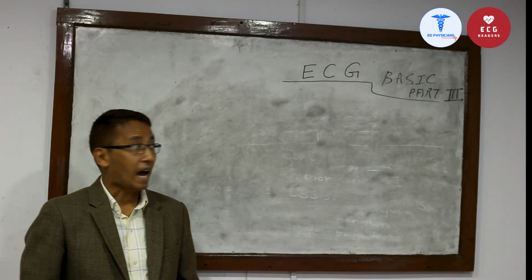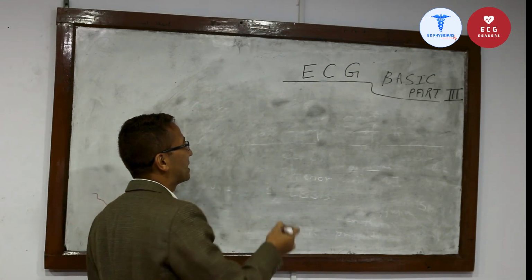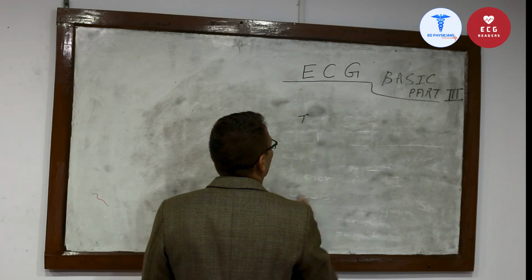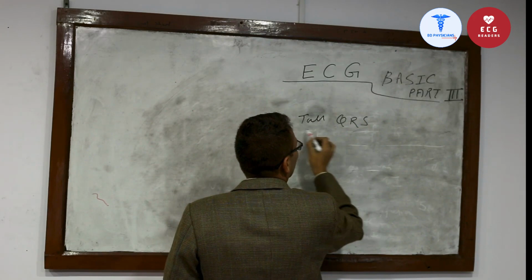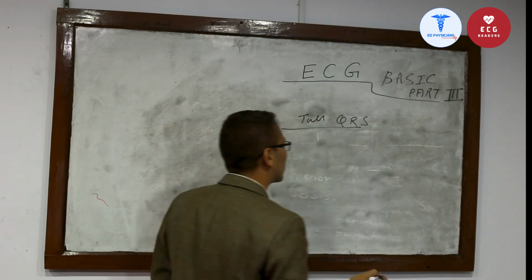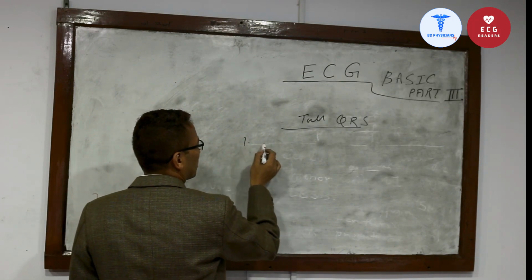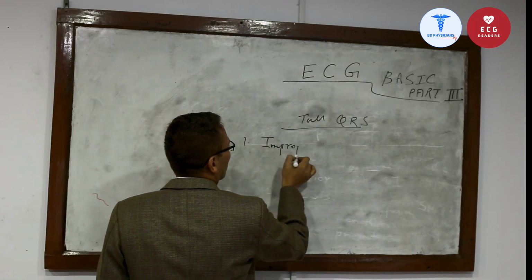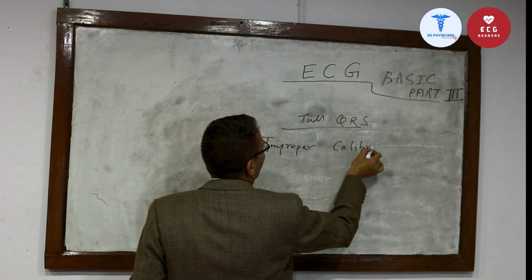Now come to the height of the R wave, which can be big. So tall R wave, tall QRS complex, can occur in so many conditions. It may be due to improper calibration.